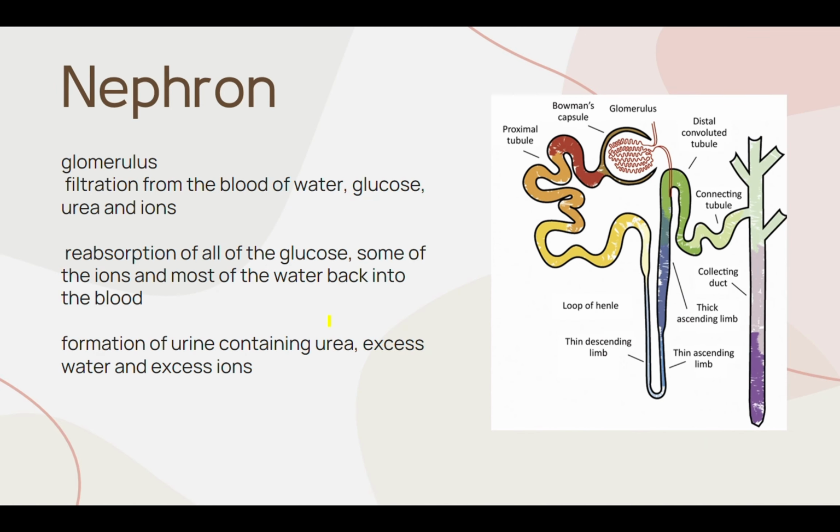Moving on, as I said, we're going to explain the nephron in detail. Now, the nephron is made up of several parts. So, this weird looking thing is known as the glomerulus.